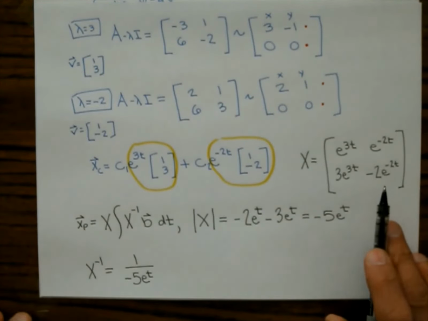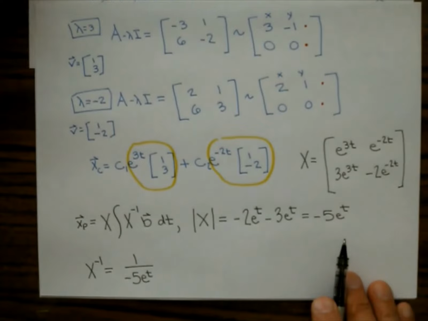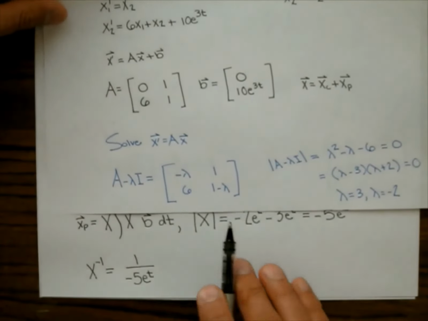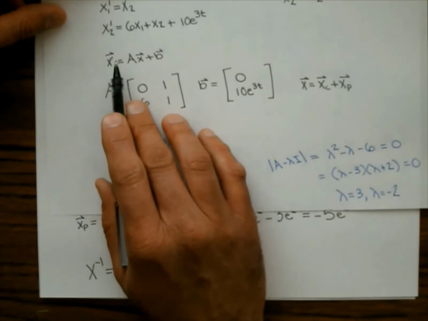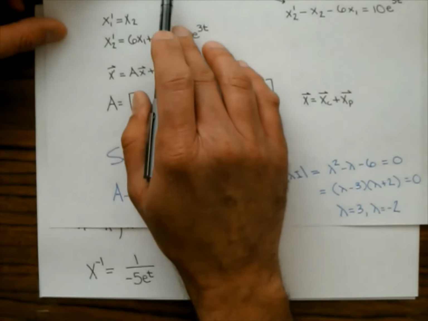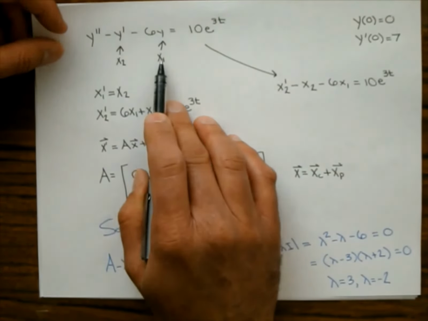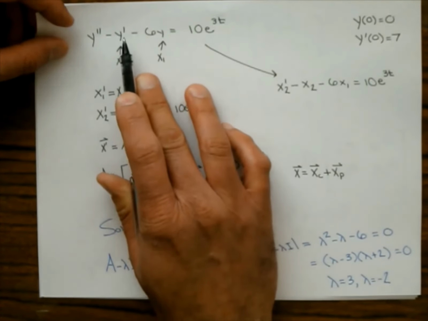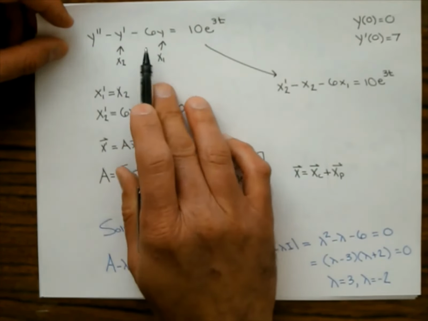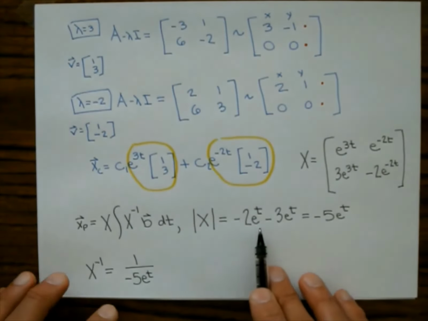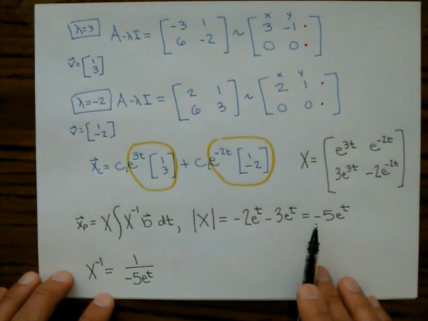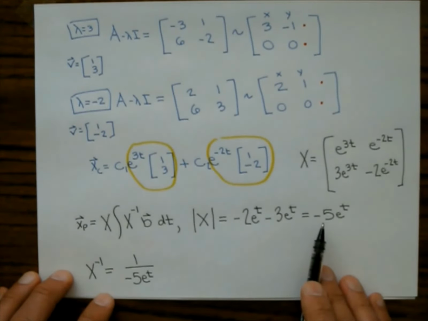The reason is that when we have our vector x prime bar, you let x1 equal y and x2 equal its derivative. That's why this is also the Wronskian of the first kind, because we are solving something that was a single differential equation that got converted to a linear system.